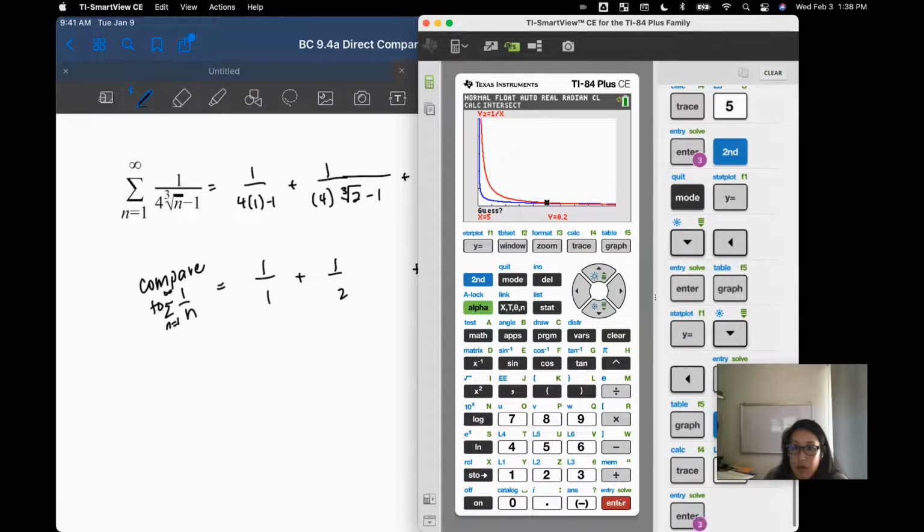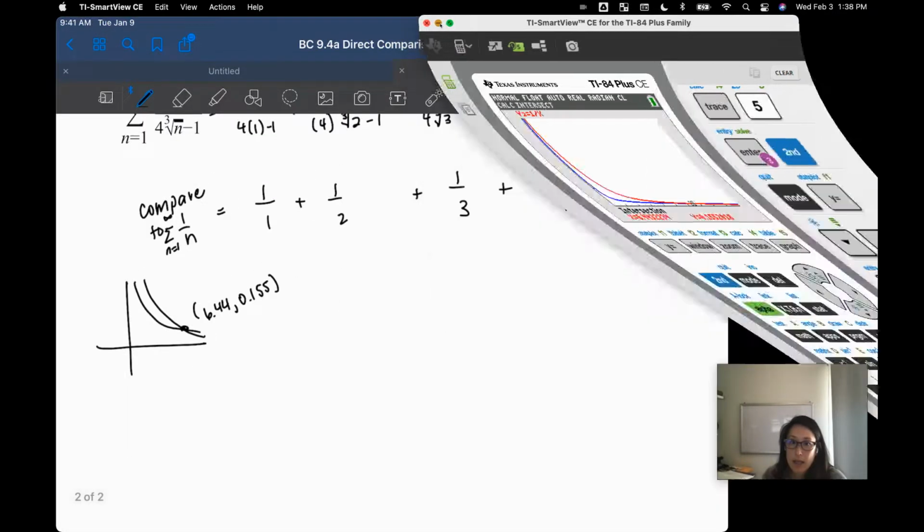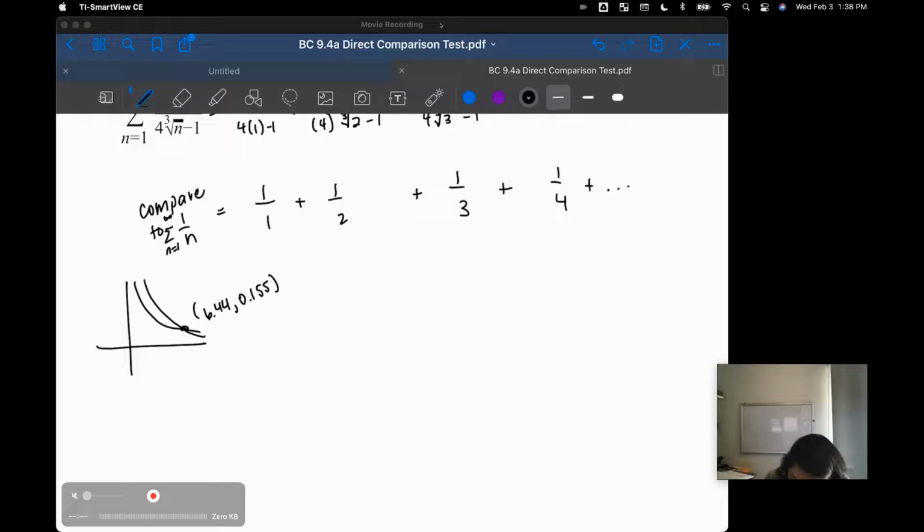First curve, second curve, guess. So we know that the two curves intersect at 6.44, comma 0.155. So what this tells me is that the function 1 over n is less than the function 4 times the cube root of n minus 1 for n's that are greater than or equal to 7.